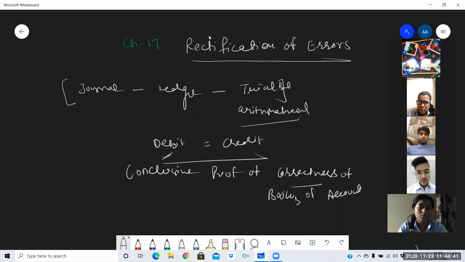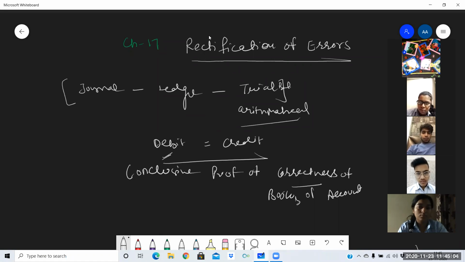So in this chapter, we will learn how many types of errors there are, due to which types of errors the trial balance will match, and which types of errors will lead to the trial balance not matching. Then we will learn how to rectify those errors, because it is neither advisable nor feasible to reopen the books and do the corrections.